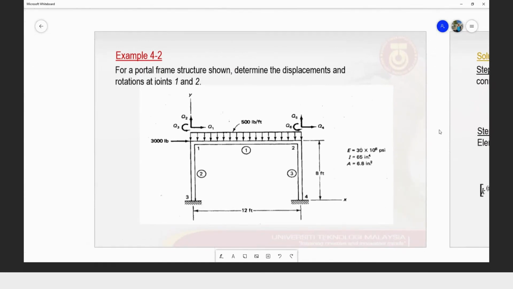So let's look at this problem. What we are going to go through later, please keep in your mind that I'm not going to solve every single degree of freedom.